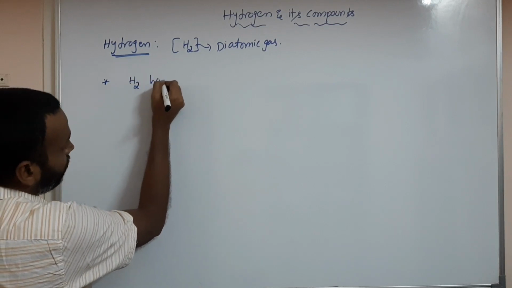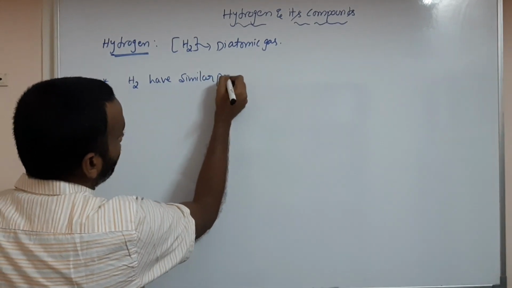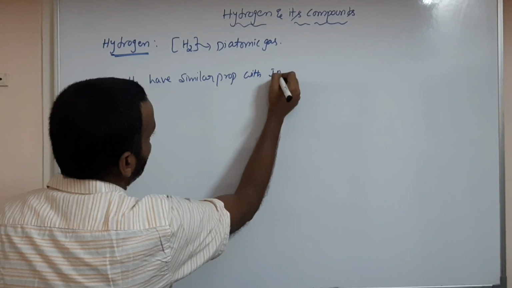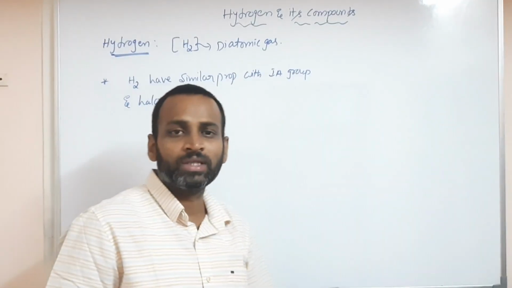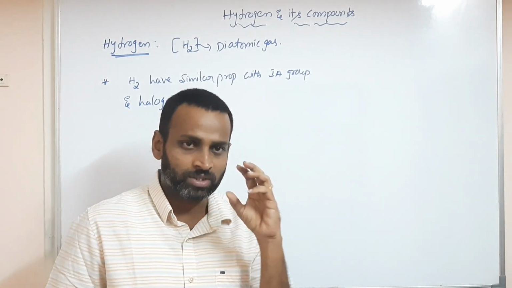So what properties does hydrogen have? Hydrogen has similar properties with alkali metals, the 1A group, and with halogens. That's why, do you remember, hydrogen is placed along with alkali metals, but hydrogen is just a starting element.